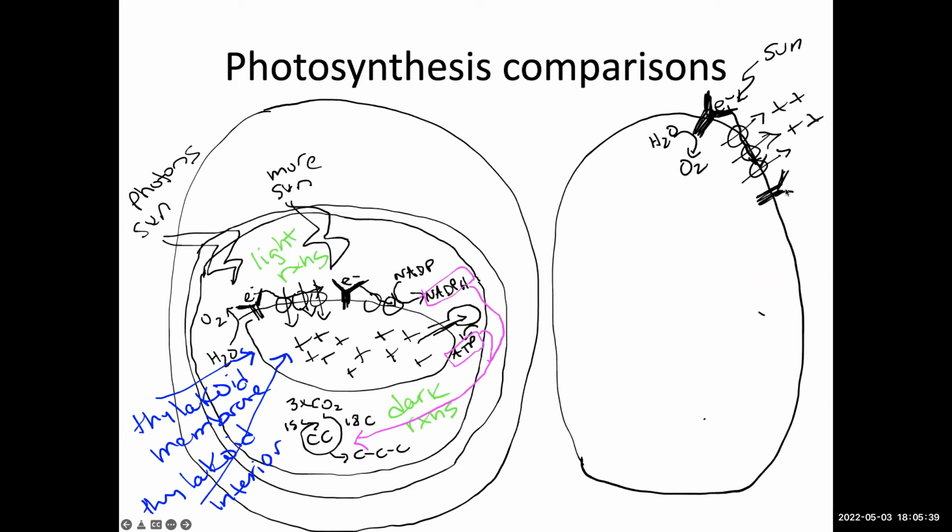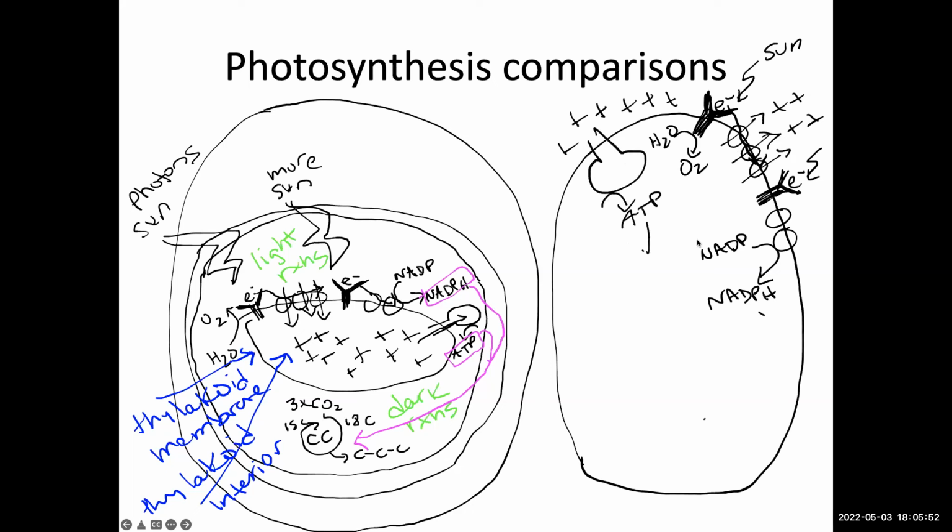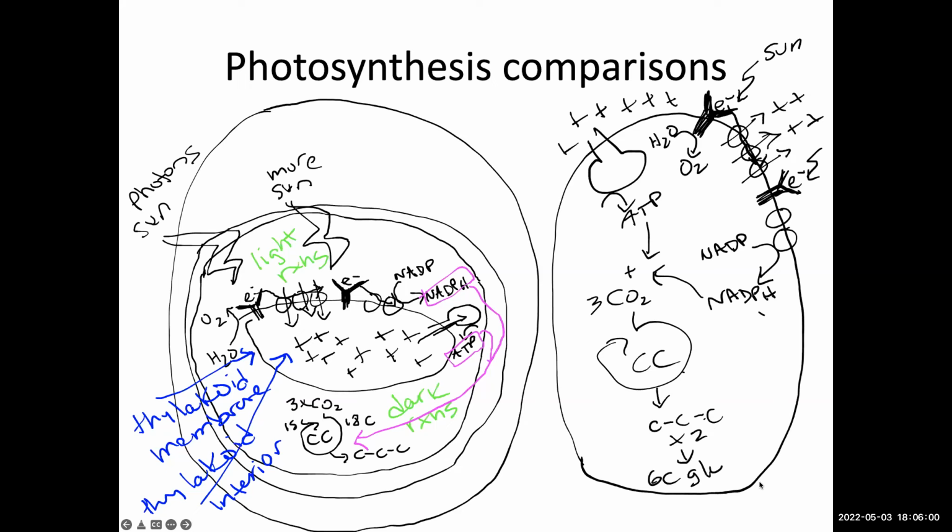The electrons are re-energized by the sun and put onto NADPH for later use during the carbon fixation part. ATP is generated by allowing all these protons to come back through ATP synthase. Now we've got ATP in the cytoplasm, high energy electrons, that comes together with carbon dioxide in the Calvin cycle, also happening in the cytoplasm to produce 3 carbon sugars, which are stuck together into glucoses.